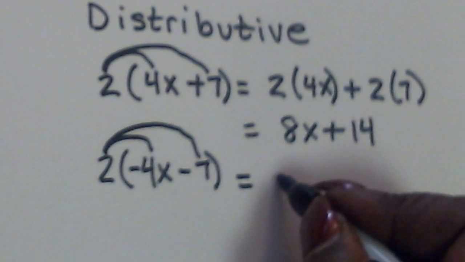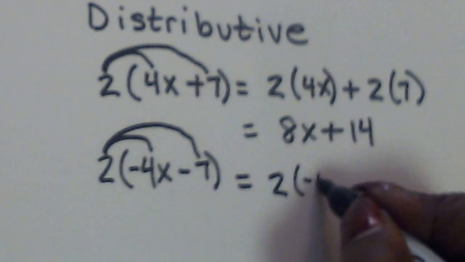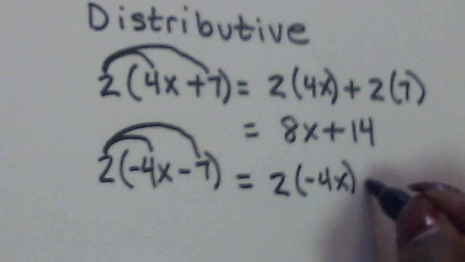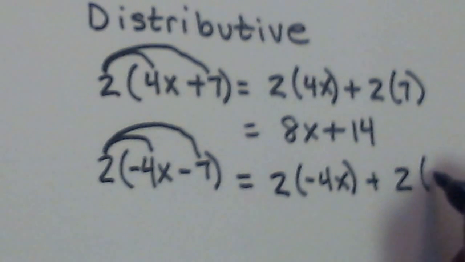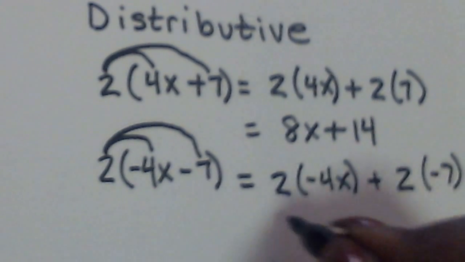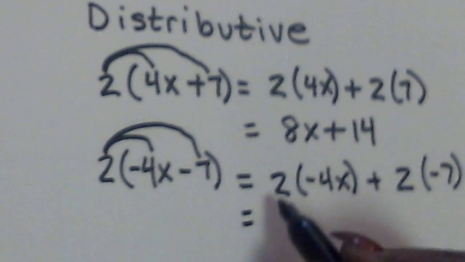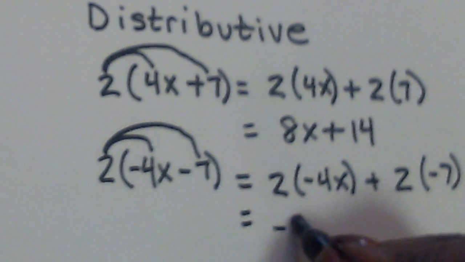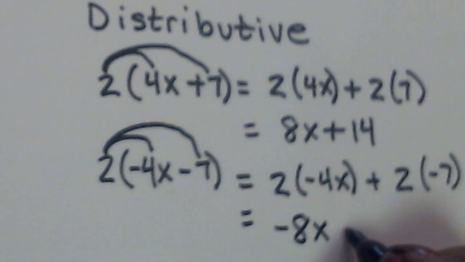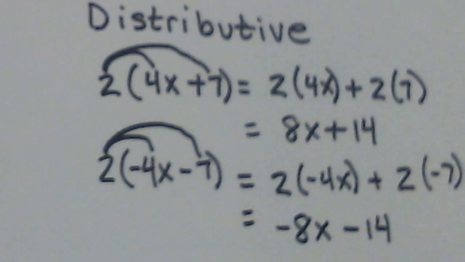The expanded version is 2 times negative 4x plus 2 times negative 7. When we multiply, we will get negative 8x minus 14.